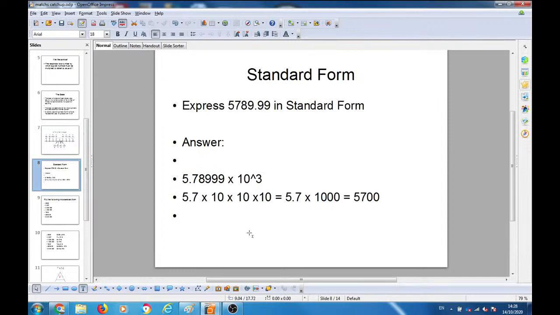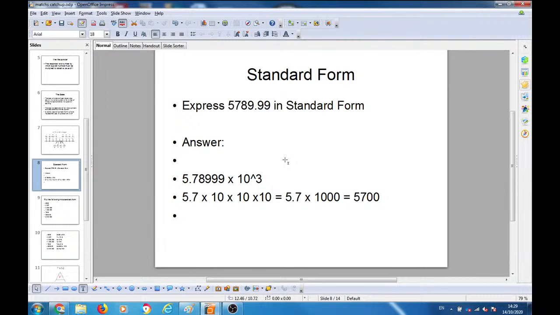Once you get used to these units, or to standard form, as it is described in the exam paper, they will ask you a question of, put this number into standard form, and this is what you're expected to do. It's just 5.7 times 10 to the power of 3, or 6, or 9, whatever it is. Again, the whole idea is to make life a lot easier.